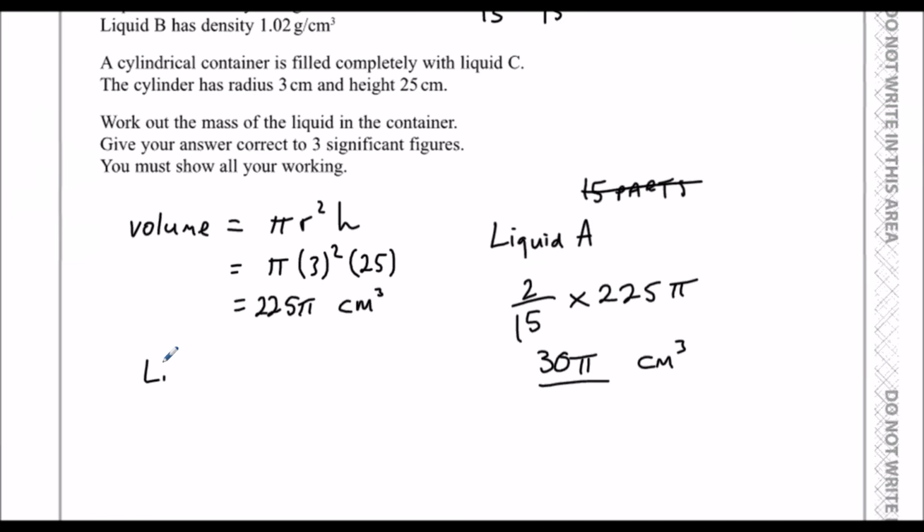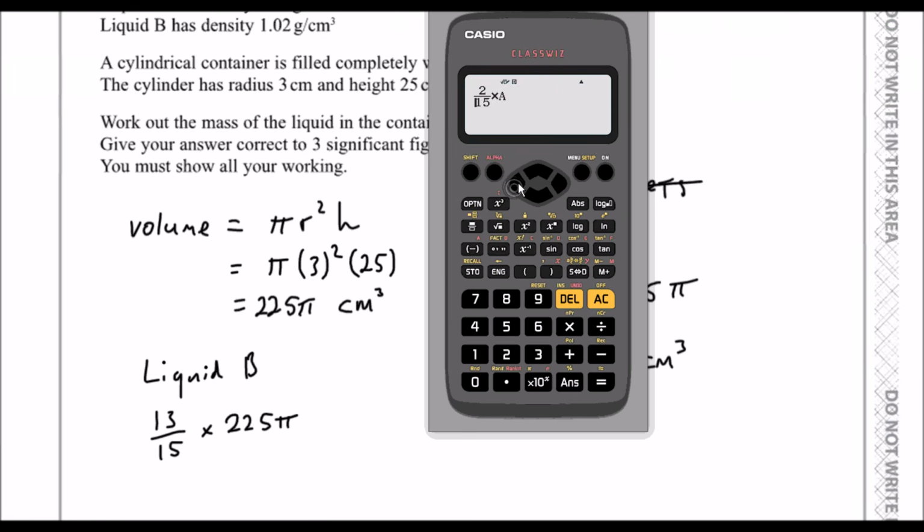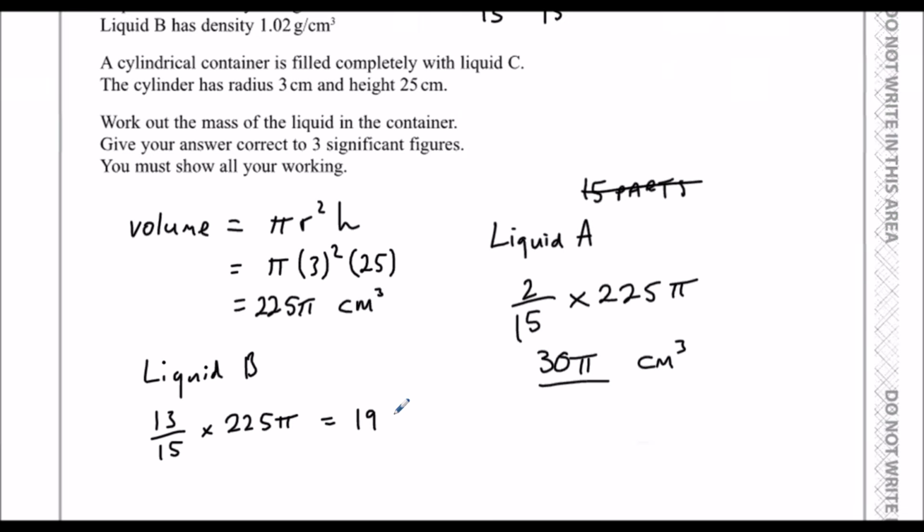And for liquid B, it's 13/15 of 225 pi, which is 195 pi centimeters cubed.